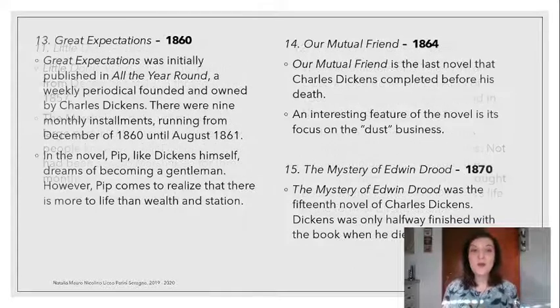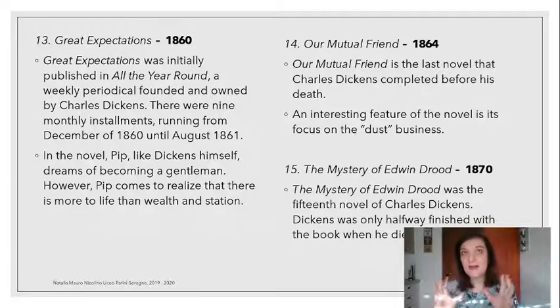Now, let's go to his 13th, 14th, and half 15th novel. The 13th novel was Great Expectations. Here again, it was published in installments, from December 1860, so the very end of the year, until August 1861. The protagonist of Great Expectations is Pip, here again a young boy, and Pip, like Dickens himself, dreams of and then tries to become a gentleman.